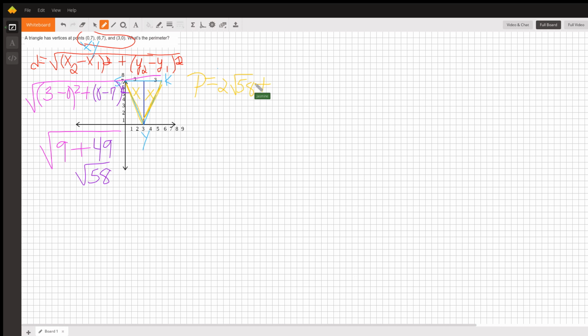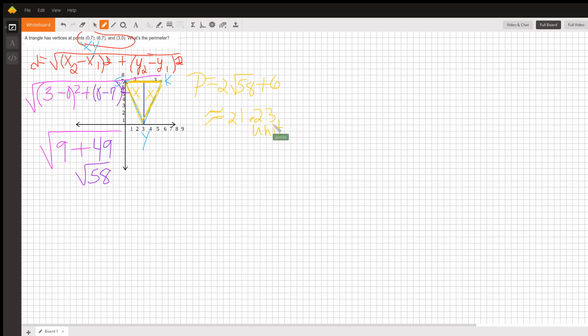And then we add in the third distance, which is 3 and 3, because the x coordinate there was 6. So we add in 6. Now, when we plug this into the calculator, we get approximately 21.23 units.